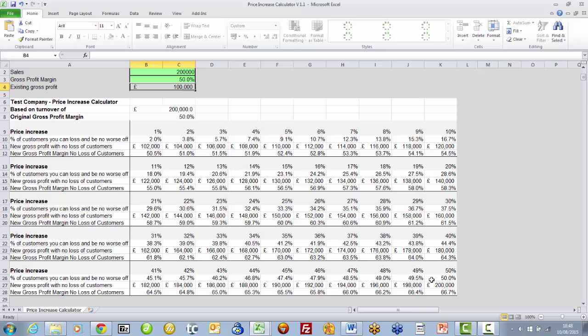But you never know, you could have just lost a competitor, so you might be feeling confident that you could increase your prices because all of a sudden you've got a lot more business. There's supply and demand at the end of the day. If you could get away with increasing your prices by 50%, you could lose up to 50% of your customers and not be worse off. But should you retain them all, you've doubled your gross profit to £200,000.